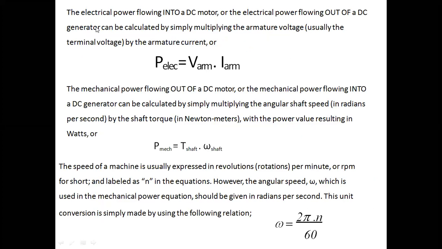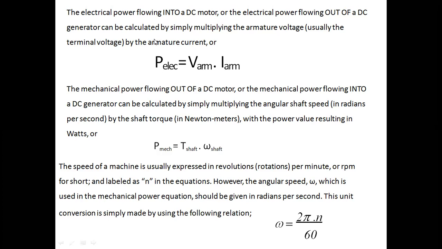When we are using DC machines, whether a DC generator or a DC motor, the electrical power flowing into the motor, or going out of the generator, can be calculated as the multiplication of the voltage of the armature winding and the current flowing through the armature winding, because P equals V into I. So you can take V armature into I armature.